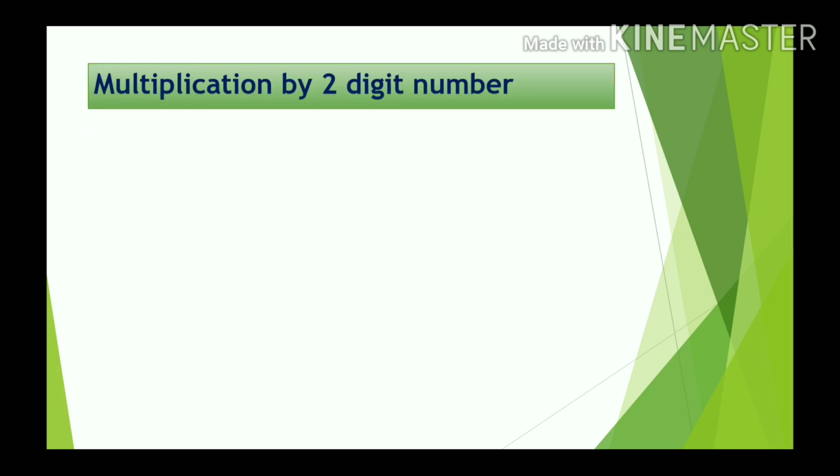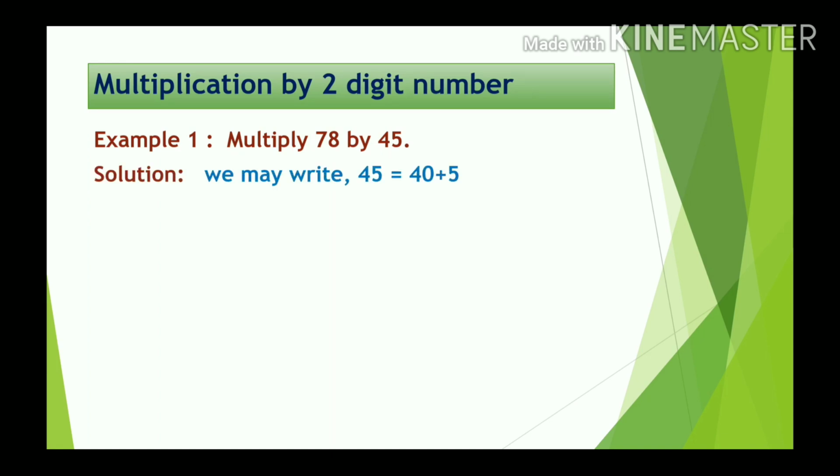Now let's see multiplication by two-digit numbers. For example, multiply 78 by 45. Solution. We may write 45 in expanded form, so we get 40 plus 5. Now we have to multiply 78 by 40 plus 5 in distributive property.